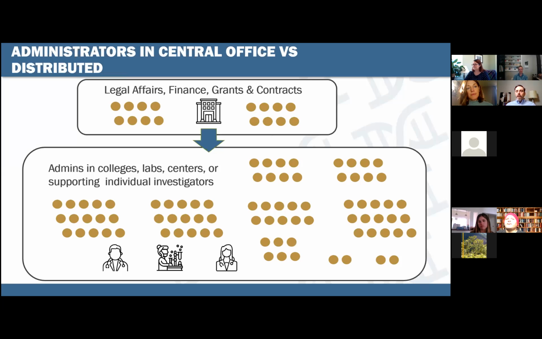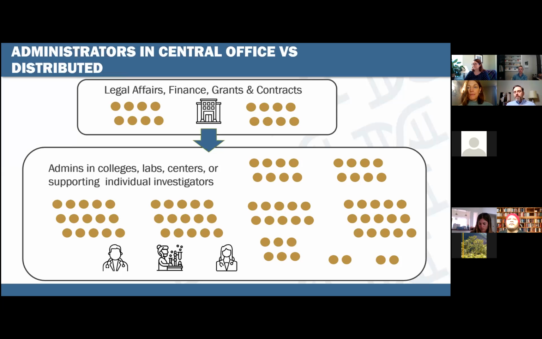So I just wanted to make sure that you understand that with these hybrid models, it's not like most of the people are in these central offices. It's still the case that most of them are working as closely with the investigator as possible. You just have enough people at the central office to support these routine activities.